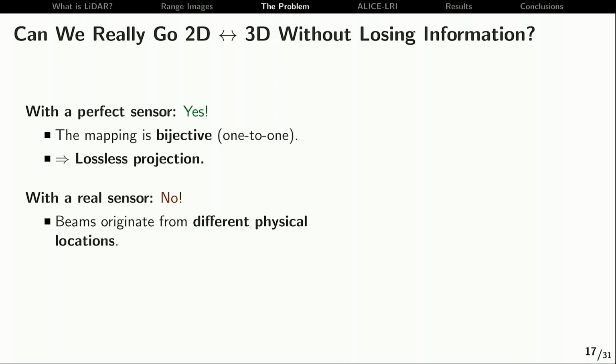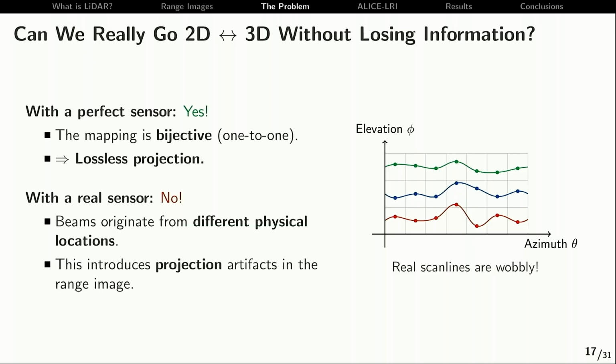It is physically impossible to put 64 lasers exactly on the same position because, well, they have some volume, they collide with each other. So you need to put one laser here inside the sensor, one here, over here, over here, and so on, so that they don't collide with each other. And what this causes is that when you make this projection, the points do not fall in the center of their pixels.